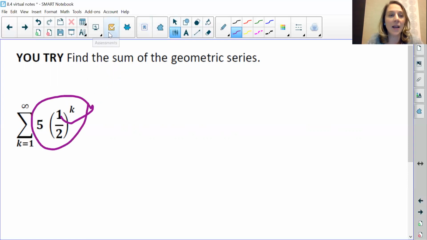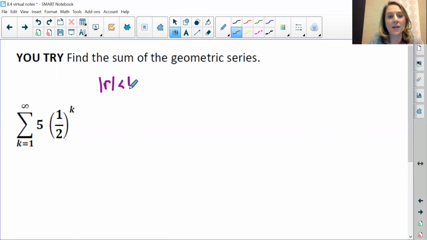But the rate has to be less than 1. So let's check: is the absolute value of the rate less than 1? When I say rate, I'm saying ratio. And we can see right here, this is our ratio. Is the ratio less than 1? It is.